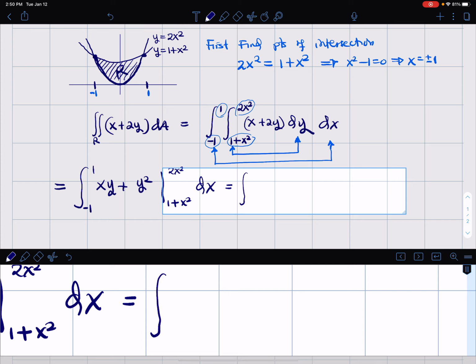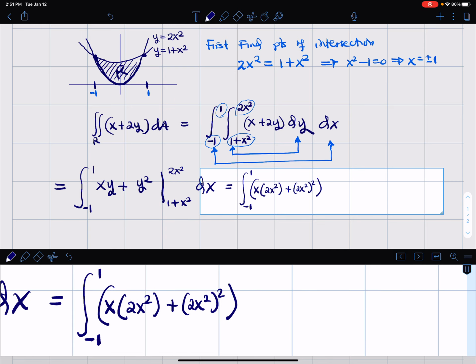So we're going from negative 1 to 1. No, let's plug in 2x squared first. That gives 2x squared plus 2x squared squared.